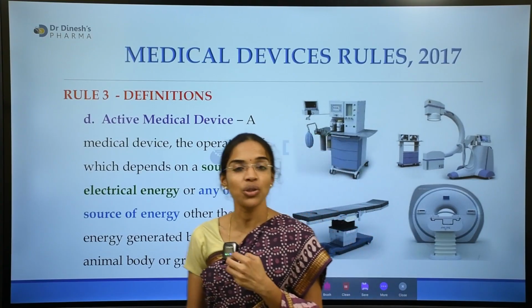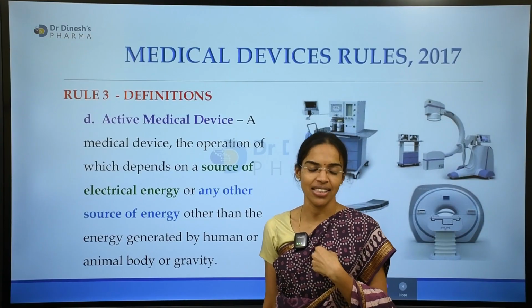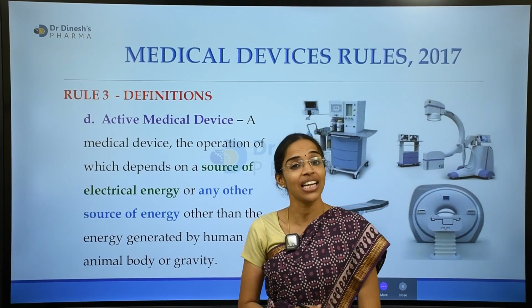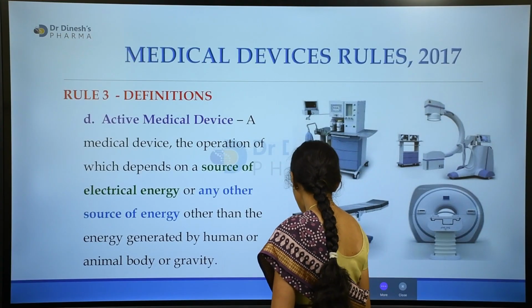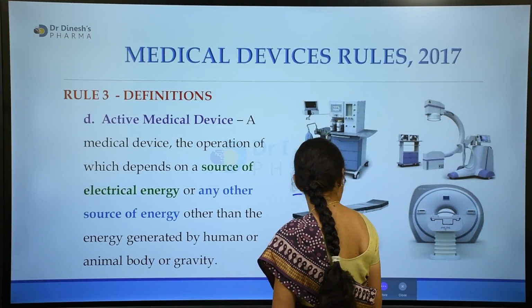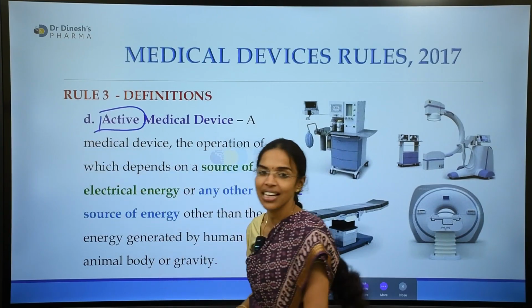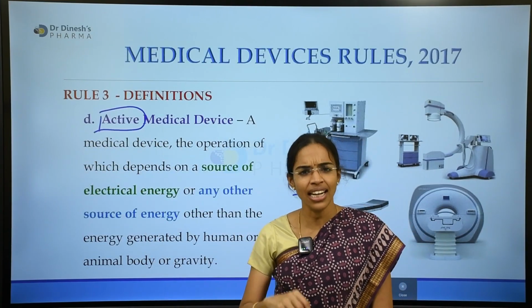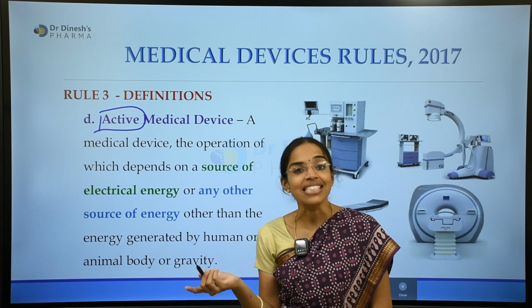So moving forward to 3D. Active medical device. Very important once again, very important. It is specially mentioned that it is an active medical device. So is there anything like a passive medical device? Yes, there are.